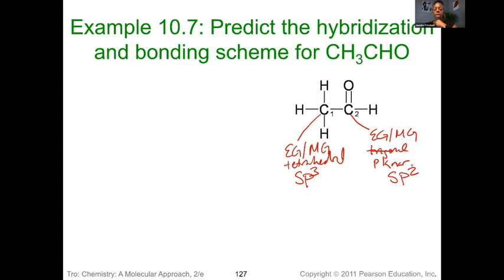In terms of the bonding scheme, we count how many sigma and pi bonds exist. I would have 1, 2, 3, 4, 5, 6 sigma bonds and 1 pi bond. Okay, and that would be putting everything together.